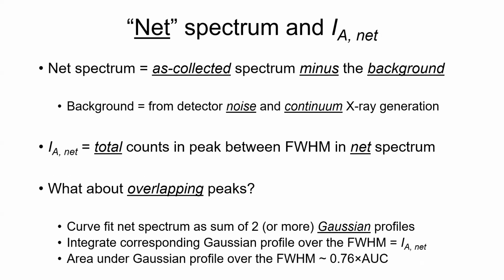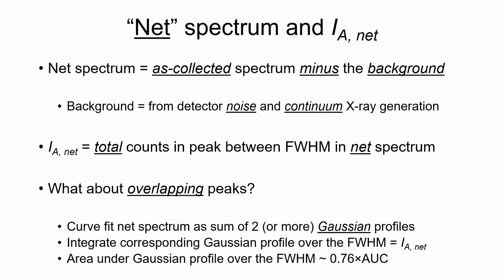As far as what I sub A net means in the equation, this is the total counts in the peak between the full width half max in the net spectrum. We're going to go over what this looks like in a minute. Our ideal situation is where we have peaks that are nicely separated, but we can also look at what happens if we don't have that.